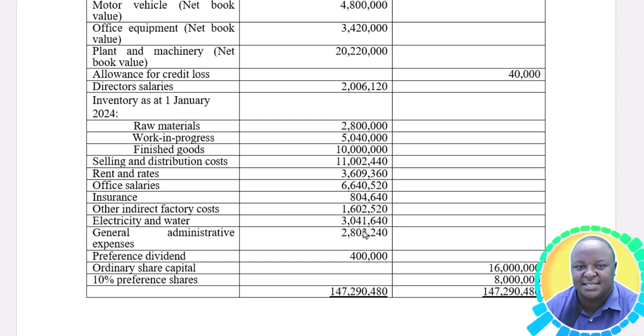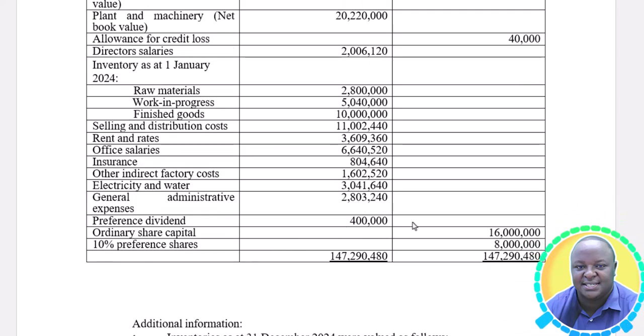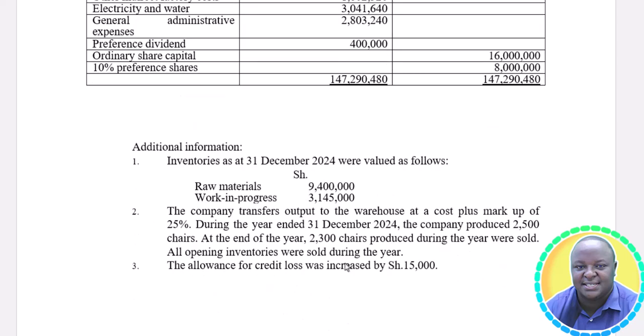Electricity and water 3,041,640. General administrative expenses 2,803,240. Preference expenses 400,000. Ordinary share capital was at 16 million, and 10% preference shares at 8 million. So the trial balance was balancing at 147,290,480. There is additional information.